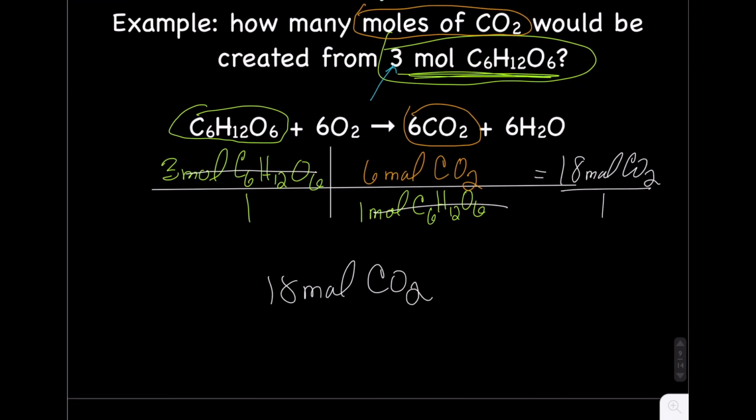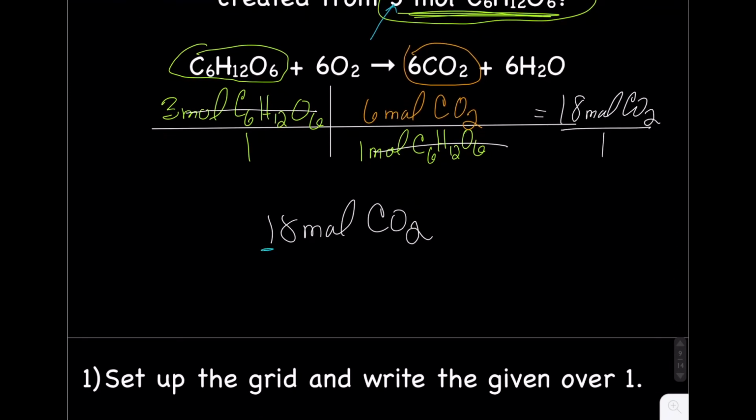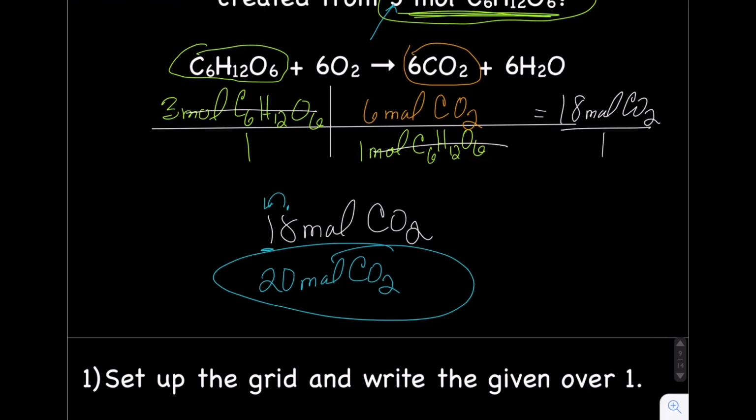So we have 1 sig fig here, which means we're going to keep the 1. The 8 rounds the 1 up to a 2. And because we're dropping a number before a decimal, we're going to put a placeholder as a 0. So we have 20 moles CO2.